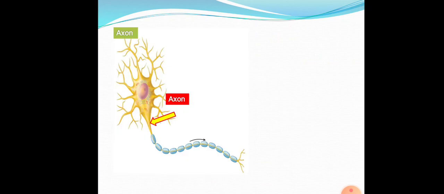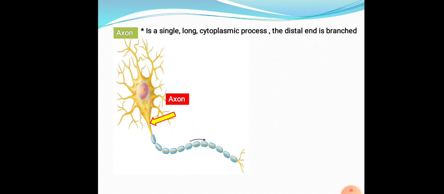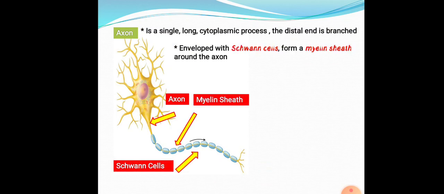Now it is the axon. The axon is a single and quite long cytoplasmic process, and the distal end is branched. You can see the branched distal end, and these are enveloped with Schwann cells, which form a myelin sheath around the axon.